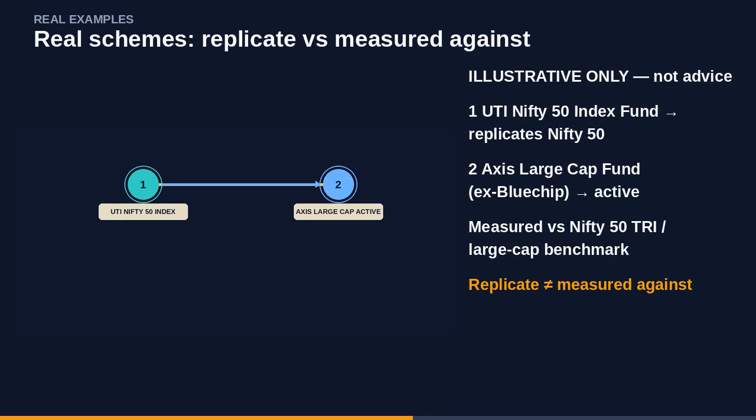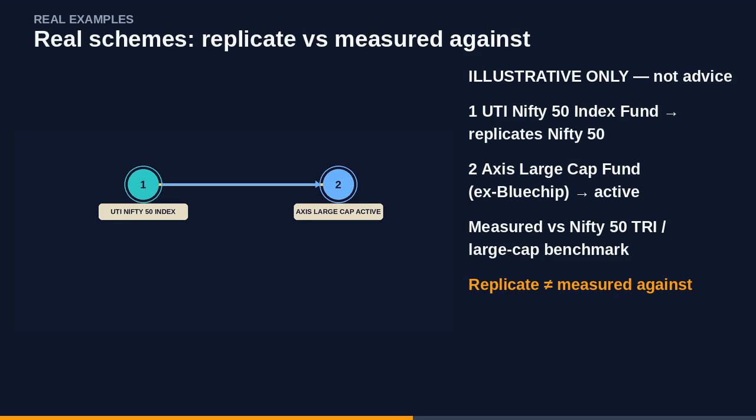Managers select and size stocks. Fact sheets disclose a large cap Tier 1 benchmark and commonly also show Nifty 50 TRI as an additional comparison line. Say the distinction out loud. Index fund replicates. Active fund is measured against a benchmark and may differ stock by stock. Naming a scheme is not a buy tip. Same index, different jobs, replicate versus select and compare.